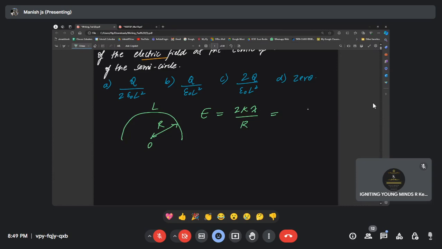Substituting all those relationships, I'm substituting 1 by 4 pi epsilon naught for k, and the radial length in terms of the length of the semicircle can be expressed. So for the linear charge density lambda, I'm going to expand that also and write it as L squared divided by pi.